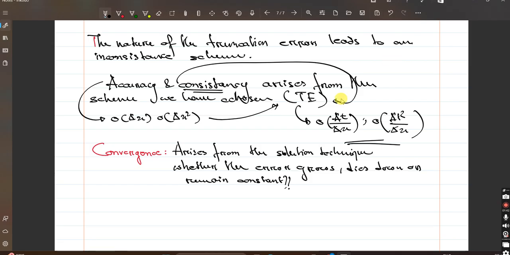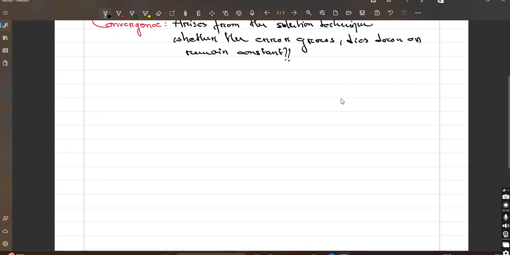So the convergence criteria is governed by something called the Scarborough criteria. Okay, I think sir has already given a brief introduction of what Scarborough criteria is. So what does it say?